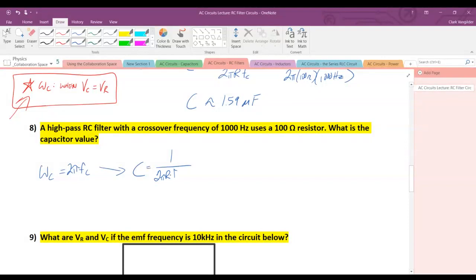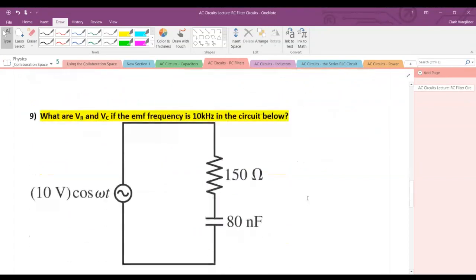We'll jam some numbers in here, 1 over 2 pi times all of that stuff, and it's the same stuff. So we're still going to get 1.59 microfarads. Okay. Had to throw an easy one in there.